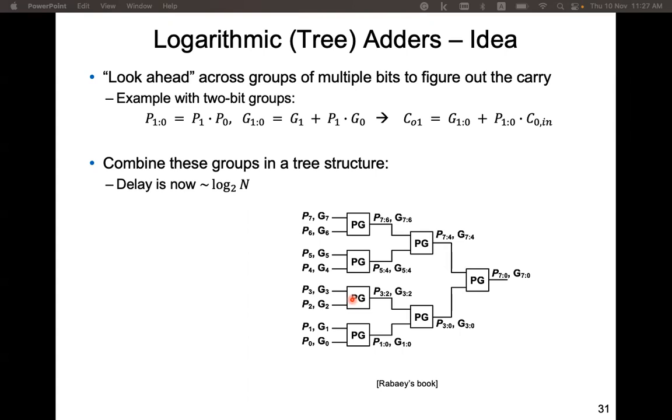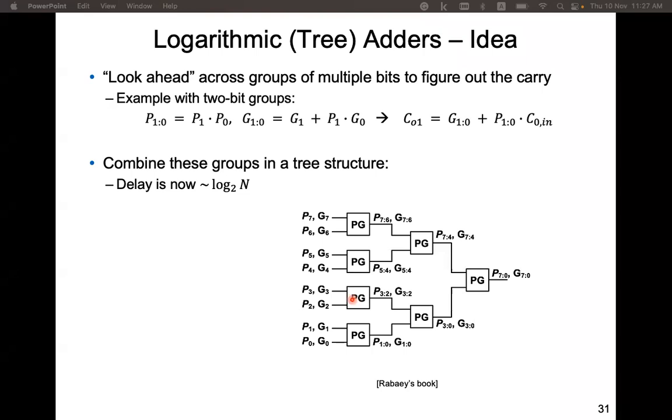The total number of gates is an exponential function of the number of stages. Say the total number of stages is n.